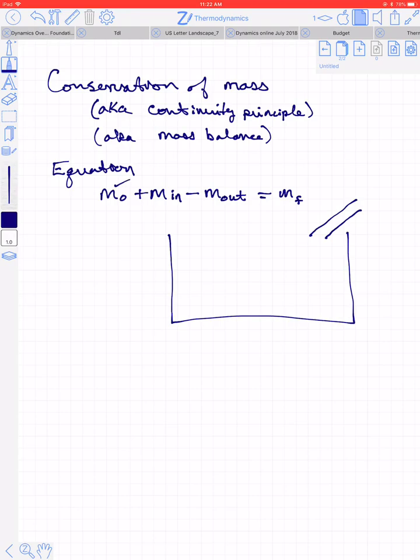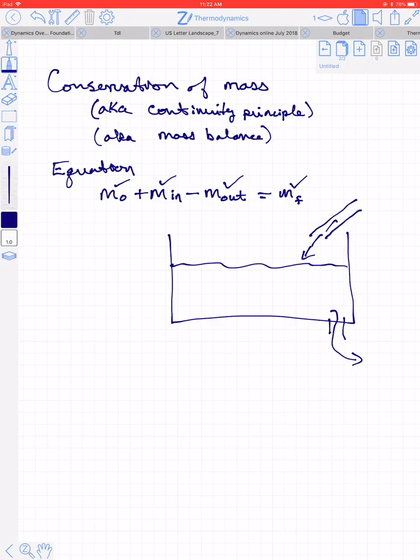Over the course of the time that the water is flowing in, mass will flow in, and my granddaughter often pops open the drain at some point, so mass flows out, and at the end of some period of time, we would have some final mass. So that's the equation for the conservation of mass.